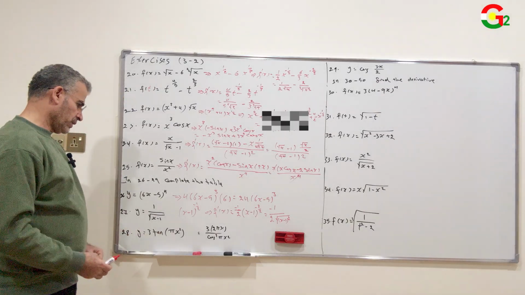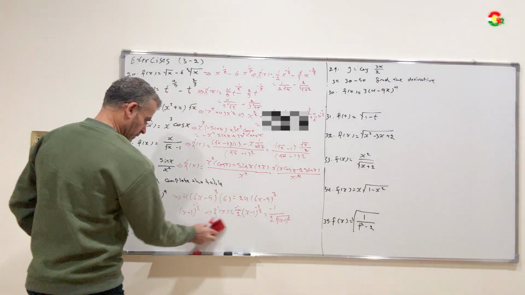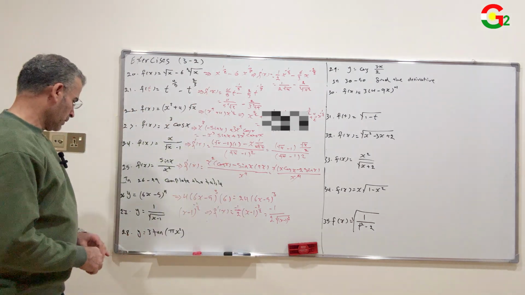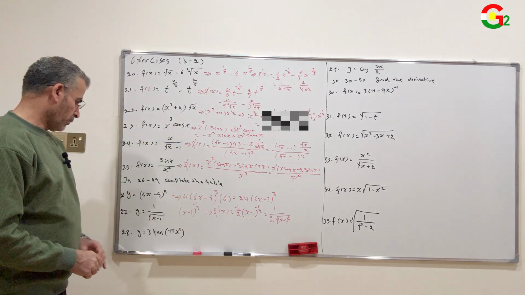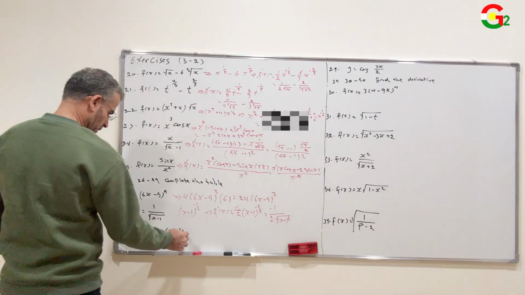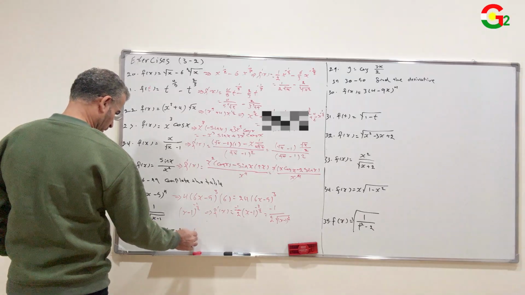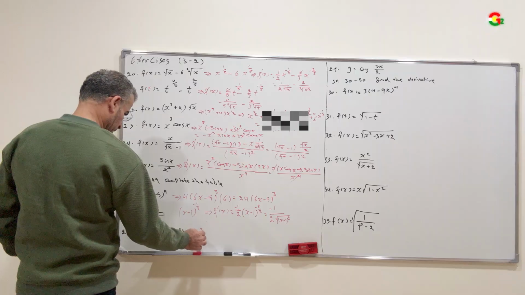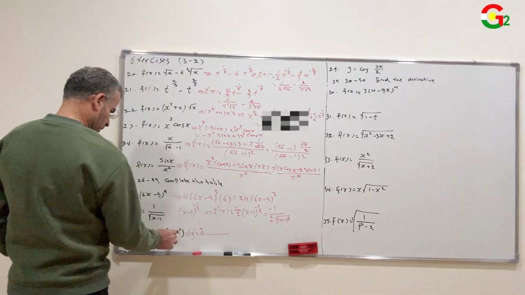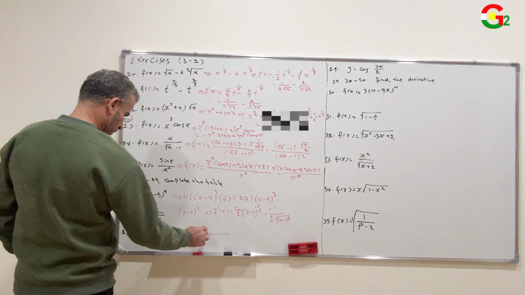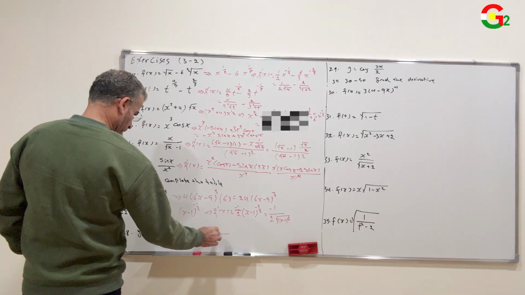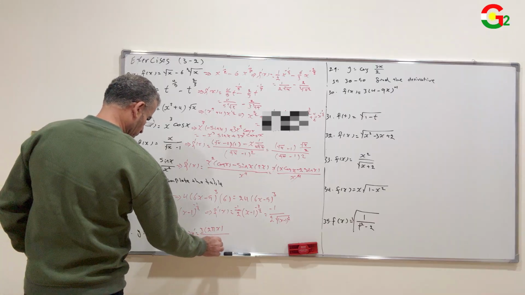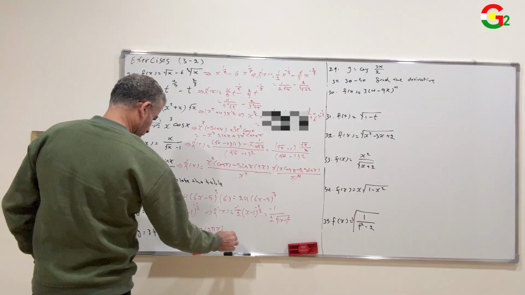Question number 28, y equal 3 tan pi x square, then y prime equal to 3 times the derivative of the angle 2 pi x over cosine square pi x square.